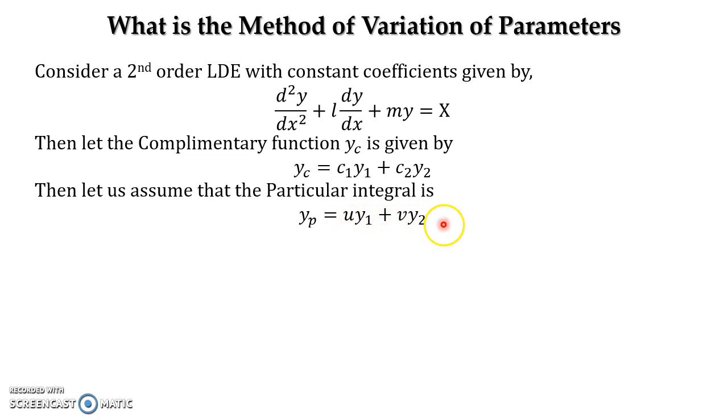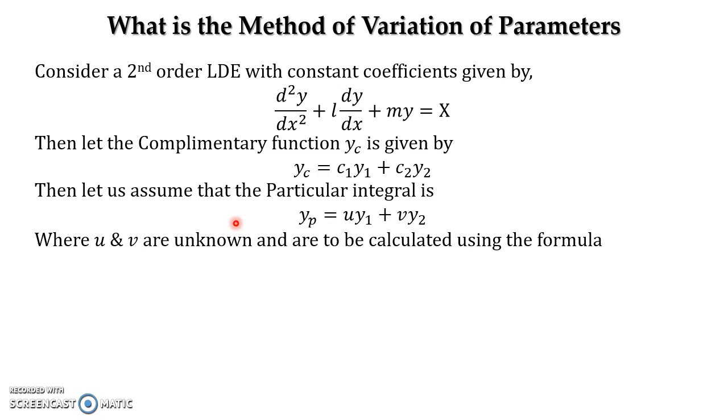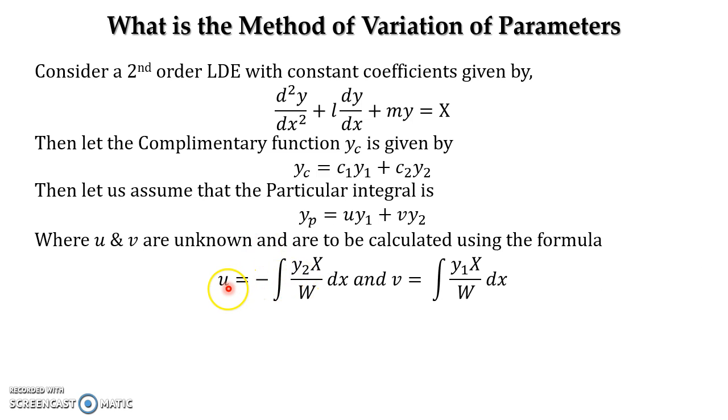Here y1 and y2 are already known from the previous step, and now our task is to find the value of u and the value of v, which are unknown. So how do we find that? For that we have formulas given. u is given by the formula minus integral y2 times x upon w dx, and v is given by integral y1 into capital X upon w dx.